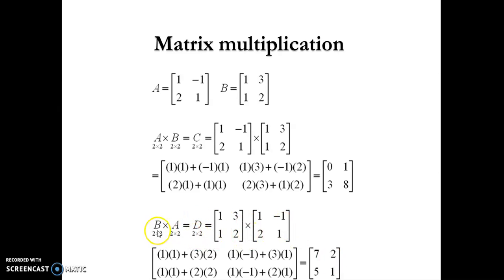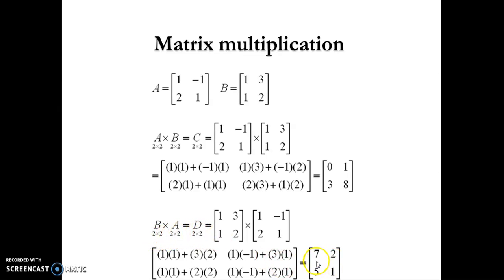Now, if we have a look at the product of matrix B times matrix A, again, you are going to determine which rows and columns to multiply by each other. So I always look at the address of the elements that I'm going to find. Now I know that by checking the orders, matrix D must have an order of 2 by 2. Remember the two inner columns and rows, those two numbers were the same, so therefore the order of D is given by the outer numbers.